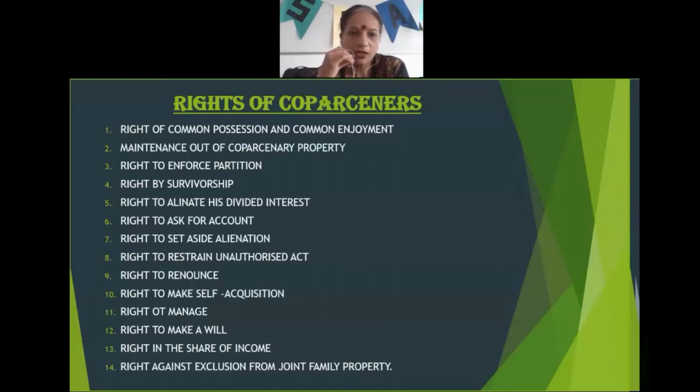The next right the coparcener has is a right by survivorship. Under Mitakshara law, we have the application of both rules, the rule of survivorship and the rule of succession. When we talk about the rule of survivorship, whosoever is surviving at the time of the death of the coparcener gets the ownership over that property which the deceased coparcener was having during his lifetime.